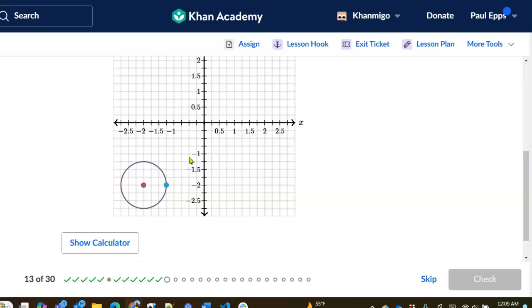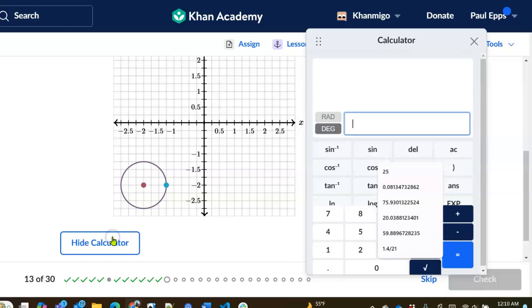The radius is, you can't tell. What are these things? So each one of these is 1/4 of a unit. So this is 1, 2, 3. That is 0.75, right? Radius.